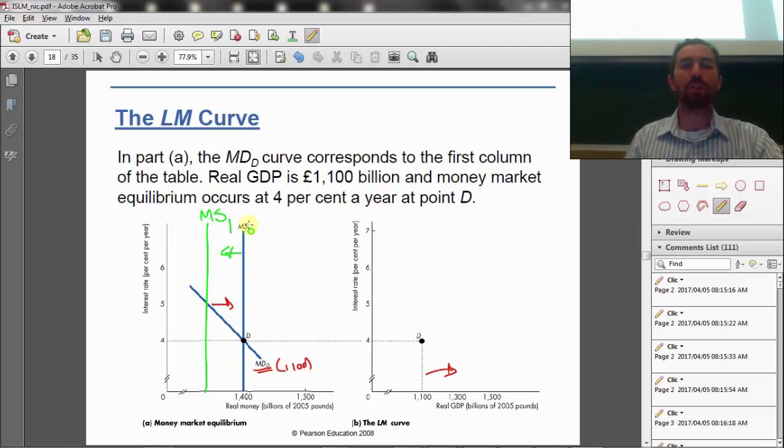Are you happy that it would change the relationship between output and equilibrium interest rate? When I shift my money supply curve to the left, the interest rate increases. So for the same level of output, there is a higher interest rate. You happy with that?